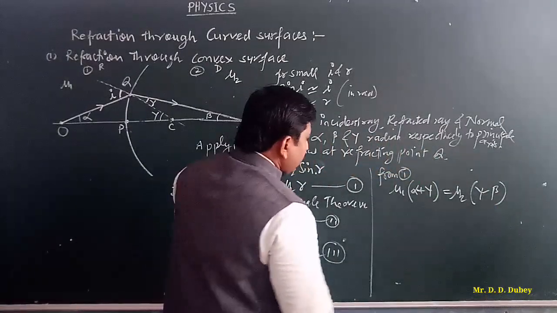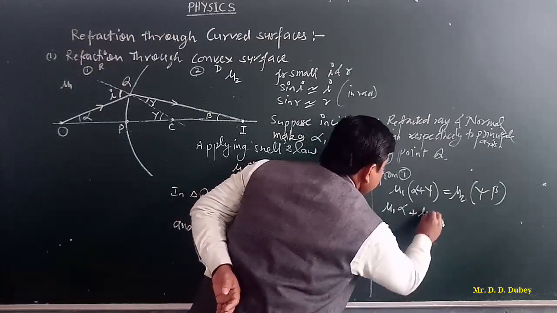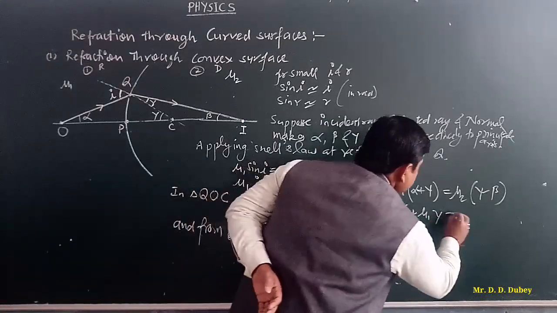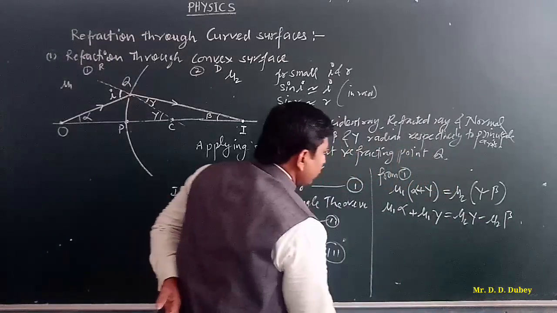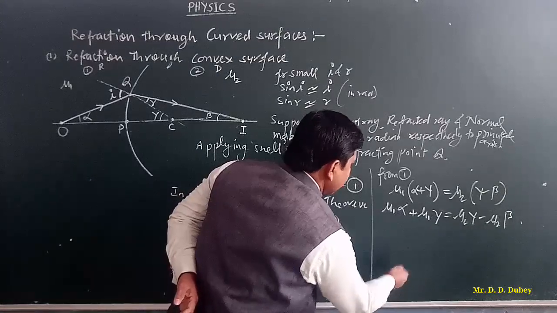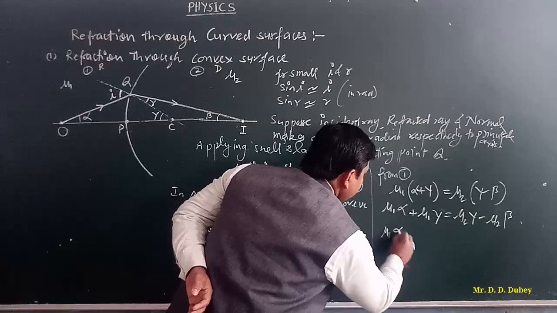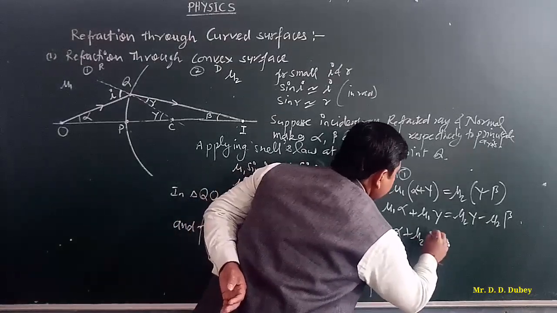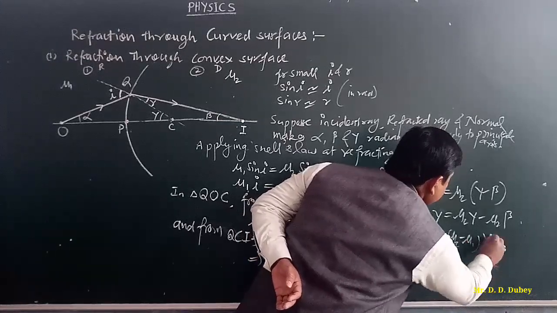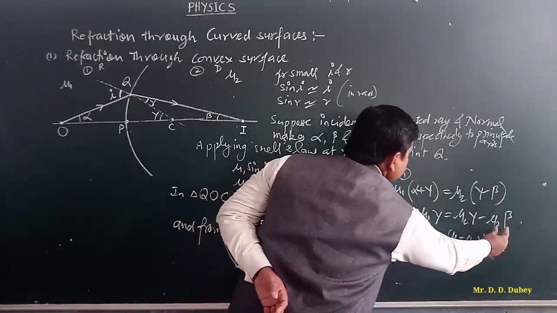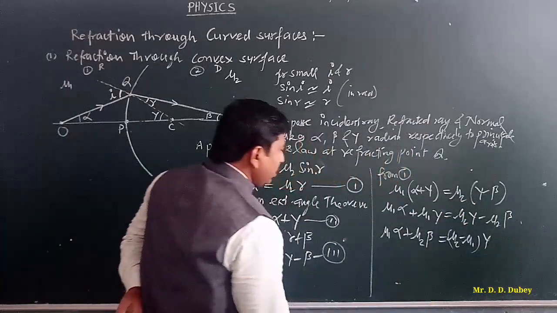After rearranging, we get mu1 alpha plus mu1 gamma is equal to mu2 gamma minus mu2 beta. If we take gamma to one side, we get mu1 alpha plus mu2 beta is equal to mu2 minus mu1 whole into gamma.